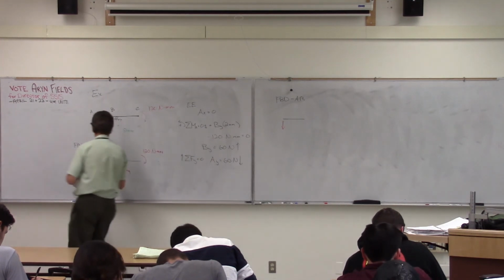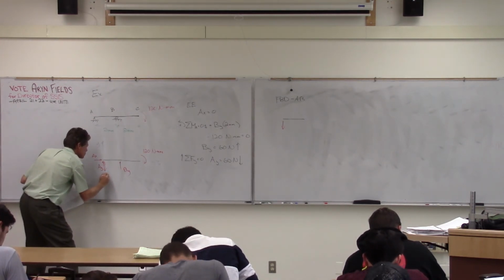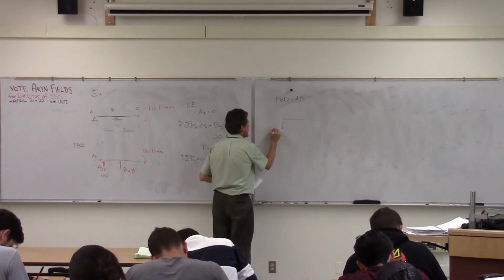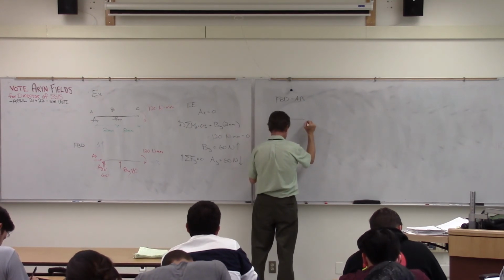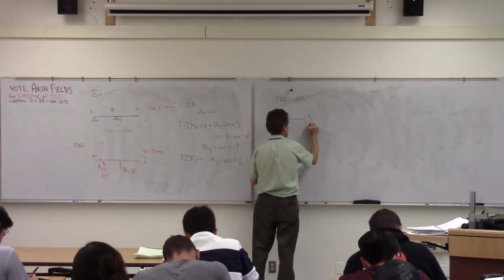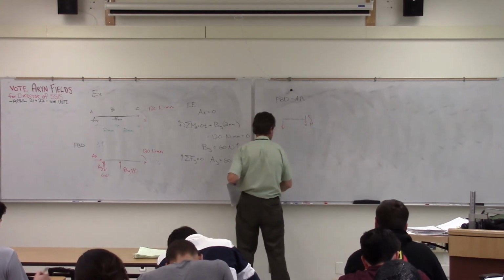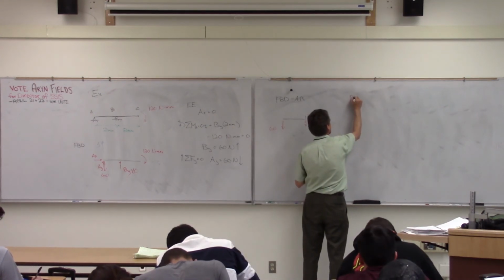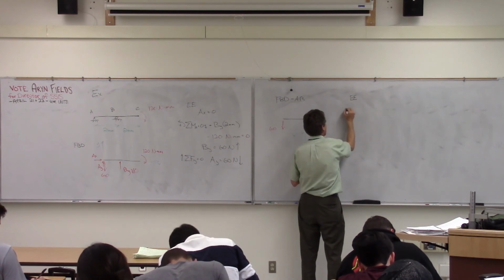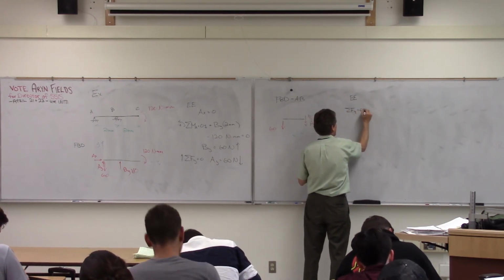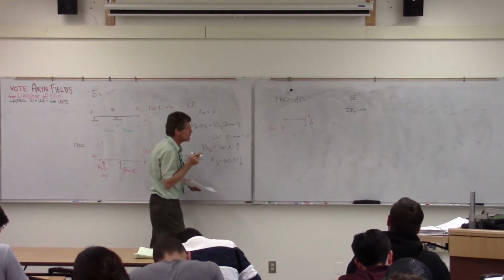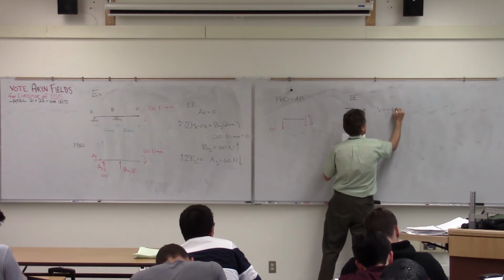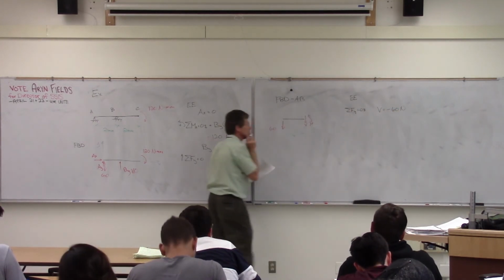So again, my Ay now is going to be 60 this way, and this will be 60 this way. Okay, again, summing forces in the y direction, what we're going to find then is my shear, because they're both pointing down, right?